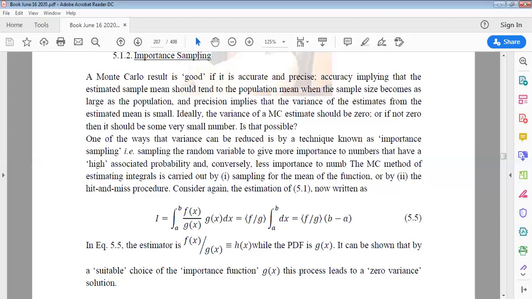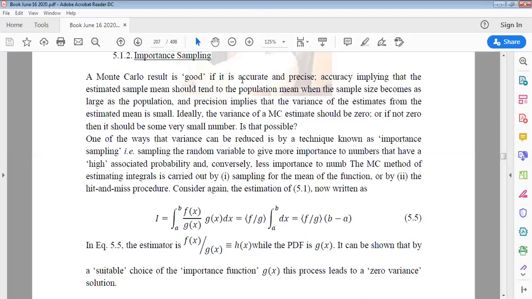So I told you that there's a phi plus, which we call the adjoint flux, and that is the importance function. Okay, so importance sampling is something where people want to reduce the variance and increase the precision.